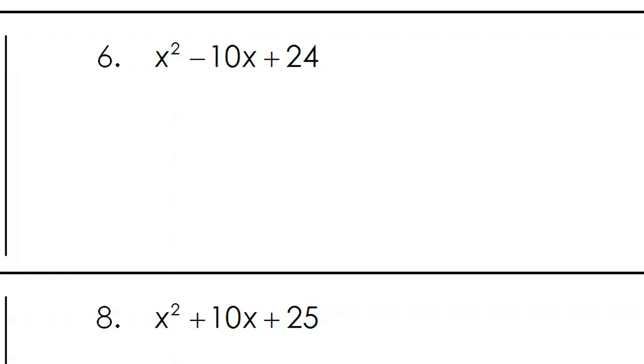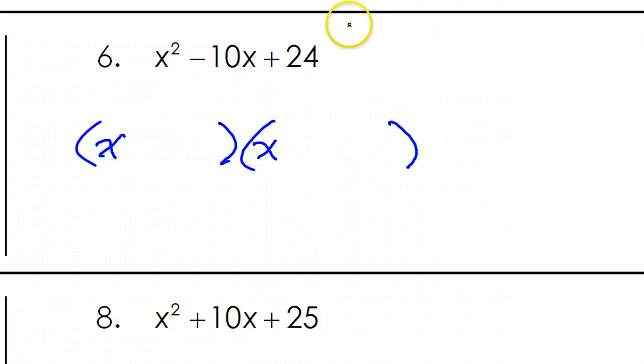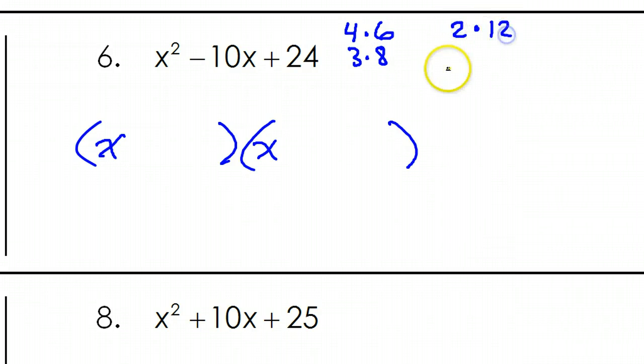Okay, looking at number 6. Back to the easy trinomial problems. X squared can only be x times x. Now 24. This could be, let's say, 4 times 6, or it could be 3 times 8, or it could be 2 times 12, or it could be 1 times 24.